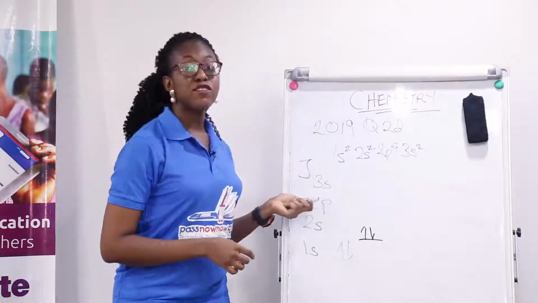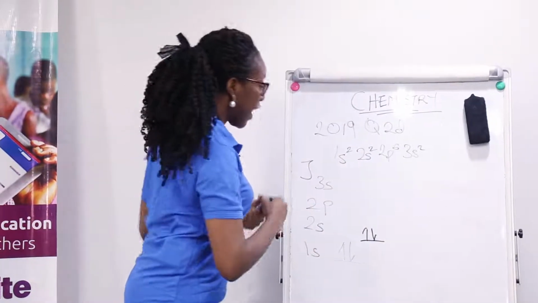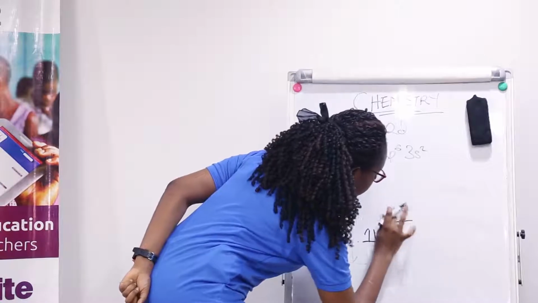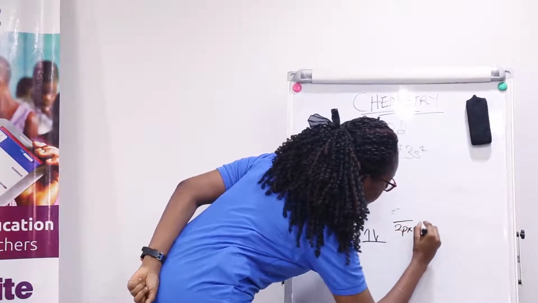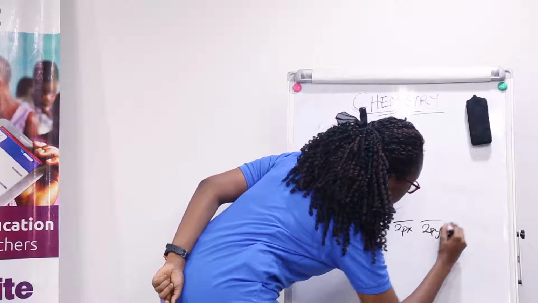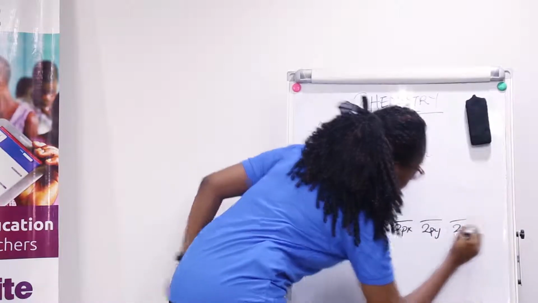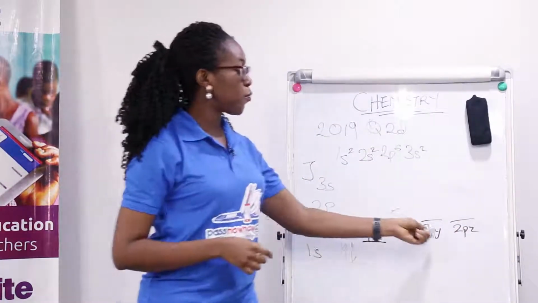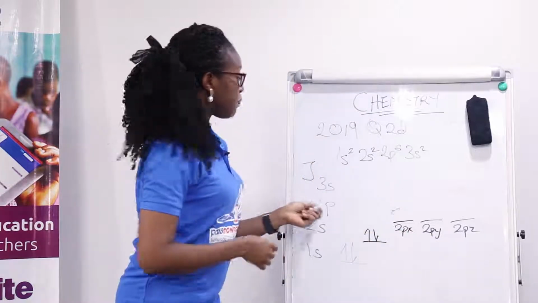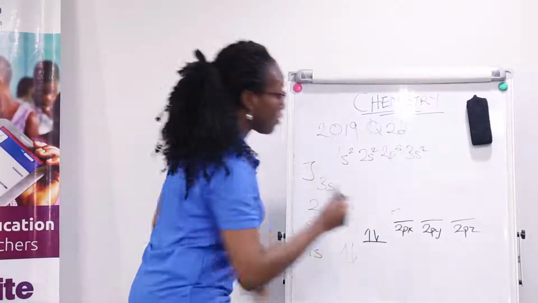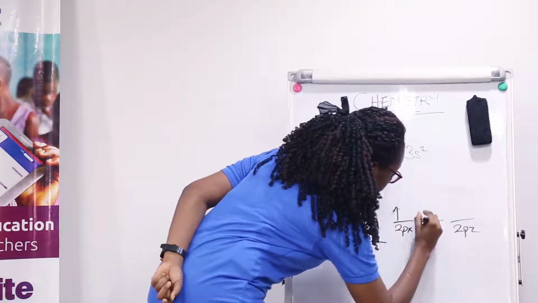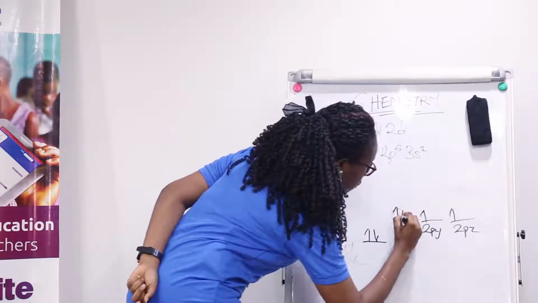2p has 3 suborbitals, which are 2px, 2py, and 2pz. And p block takes 6 electrons. We'll first fill it singly before we pair them up.